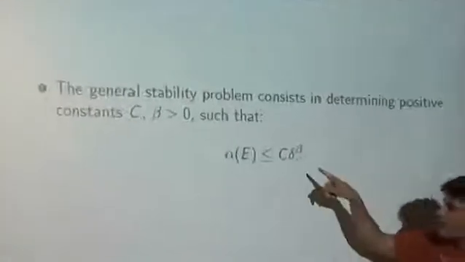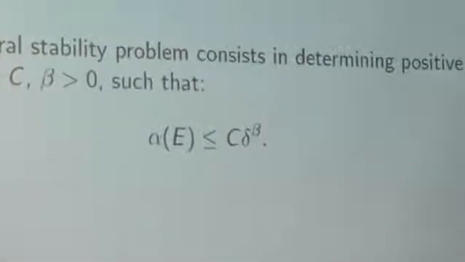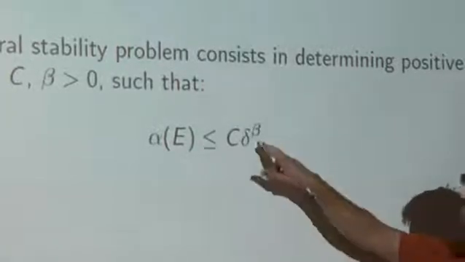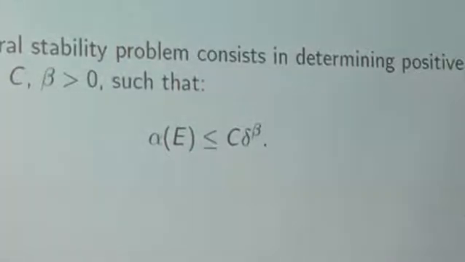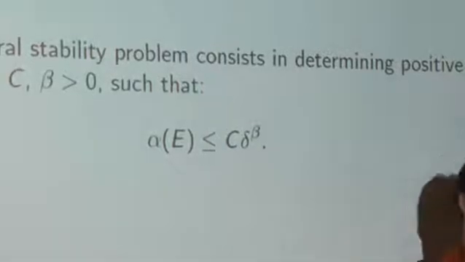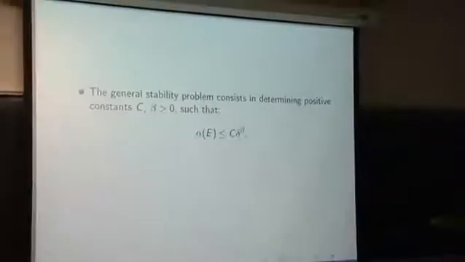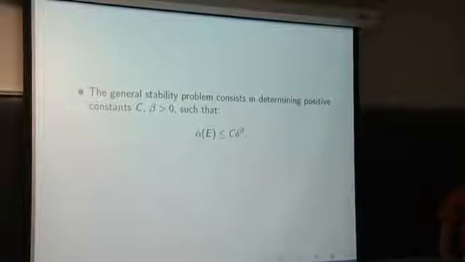So you know exactly how fast alpha goes to 0 as delta goes to 0. Compactness arguments give us the continuity property. This is much better. It gives us an explicit rate of how alpha goes to 0 as delta goes to 0. So now the problem is to find beta and C. That's the stability problem.